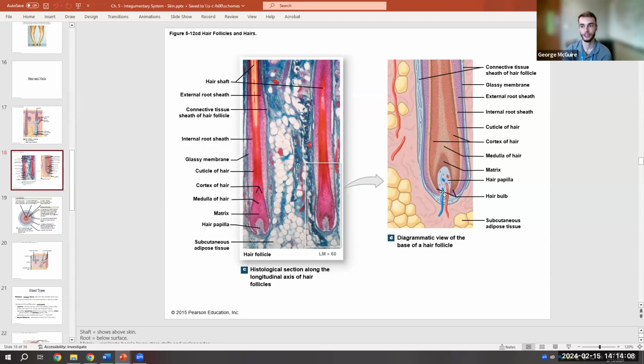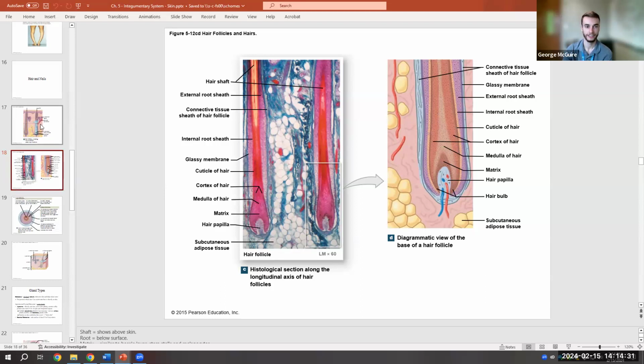They have their own papilla that contains the nerves and the arteries and capillaries that are going to service each individual hair to keep these progenitor cells, these stem cells, alive so they can continue making more keratinocytes that are going to extend the length of the hair.